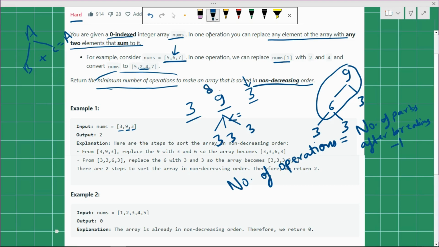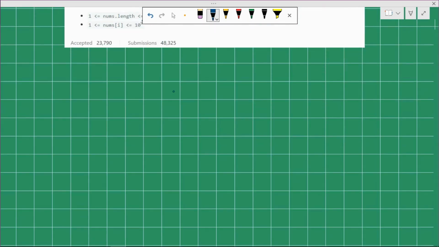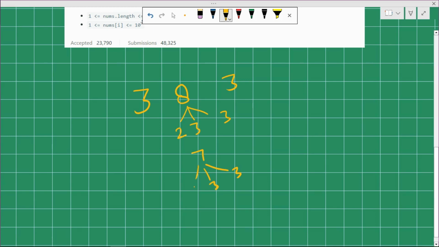Suppose the array was 3, 8, 3. We generally would have broken it into 3, 3, then 2. 3, 3, 6 plus 2, 8. What if it was a 7? We would have broken into 3, 3, 1.